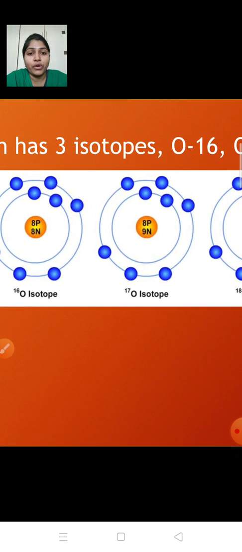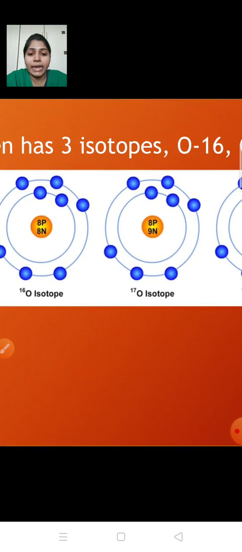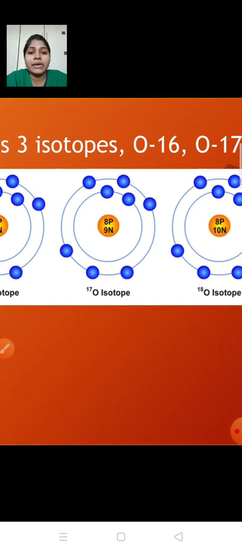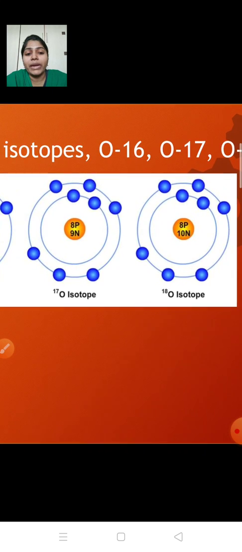It has three isotopes: O16, O17, O18. Again the number of neutrons changes. In O16 it is 8 neutrons, in O17 it is 9 neutrons, and O18 it is 10 neutrons. Even neon has three isotopes: Ne20, Ne21, Ne22. So this was isotopes.